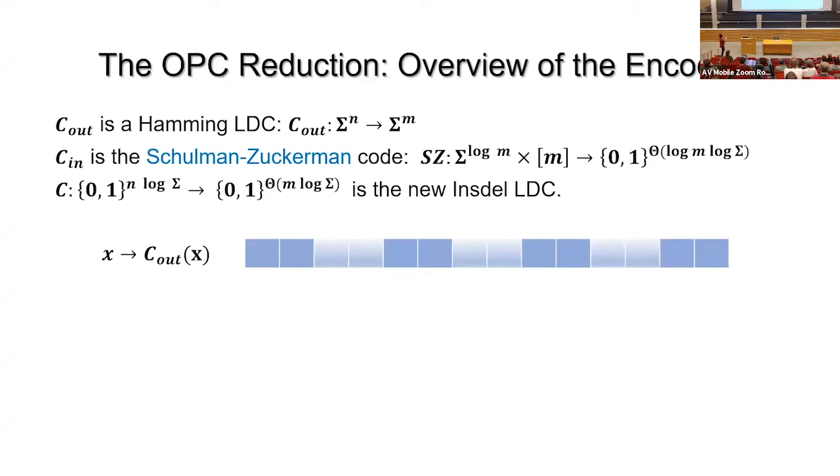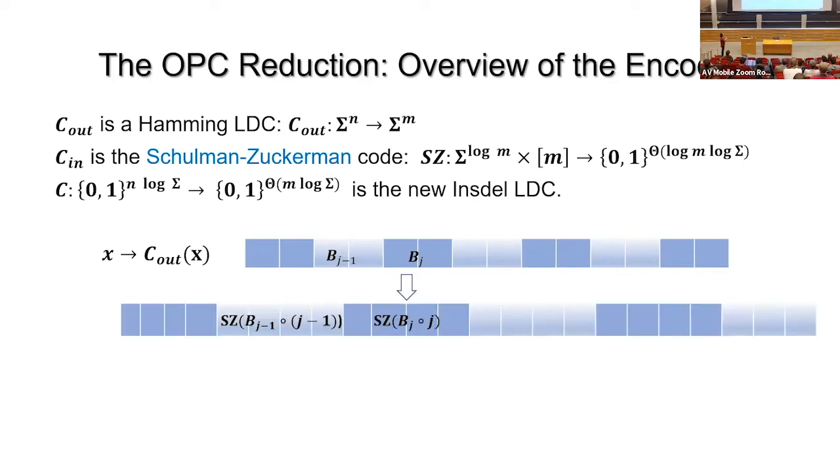So we break it into a bunch of blocks, each block of length log m. Then we attach the index to the block. This is something one typically does when working with Insdel codes, because that's the issue with Insdel codes: you don't know where indices might have shifted. So you attach it to the information symbols.